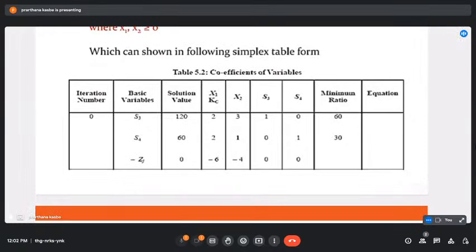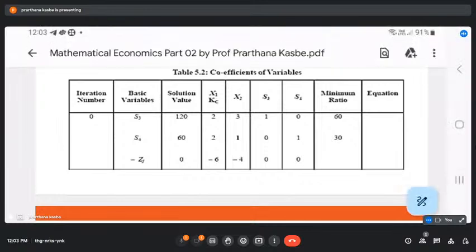Then in the table we get the coefficients of the variables, with iteration number 0, basic variables S3, S4 and minus Zj. The solution of S3 is 120, then X1 is 2, X2 is 3, S3 is 1, S4 is 0, minimum ratio 60.